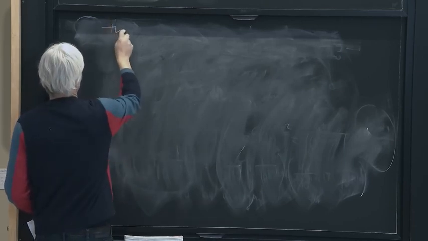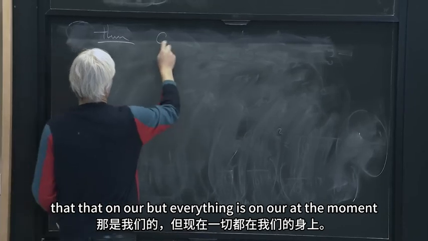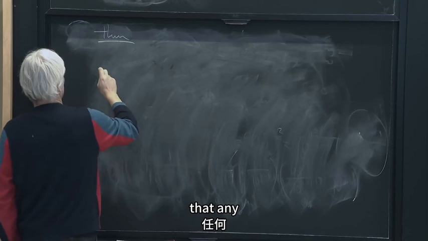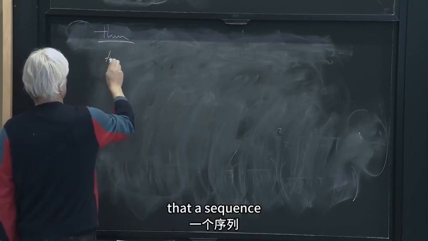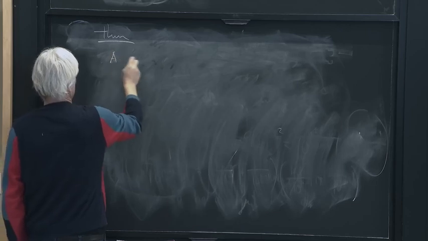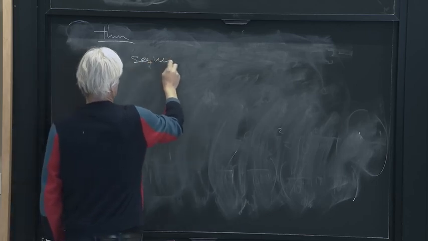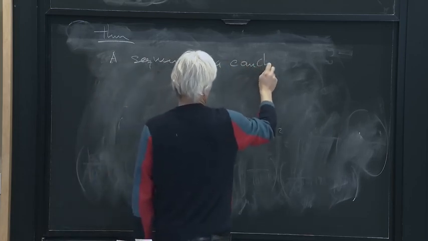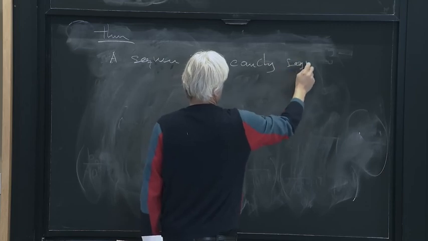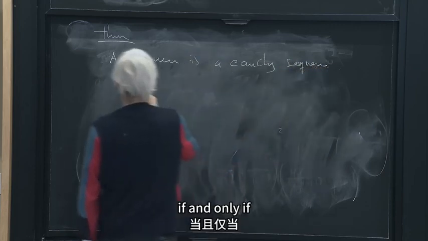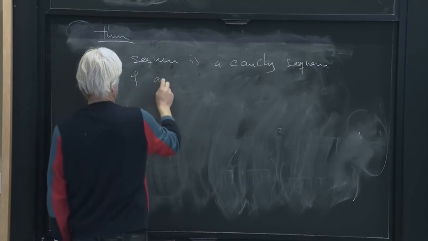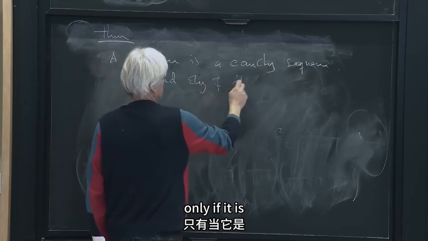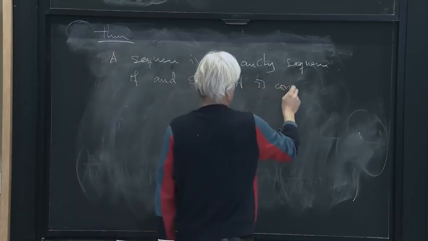Put that aside for now, but everything is on R at the moment. A sequence is a Cauchy sequence if and only if it is convergent.